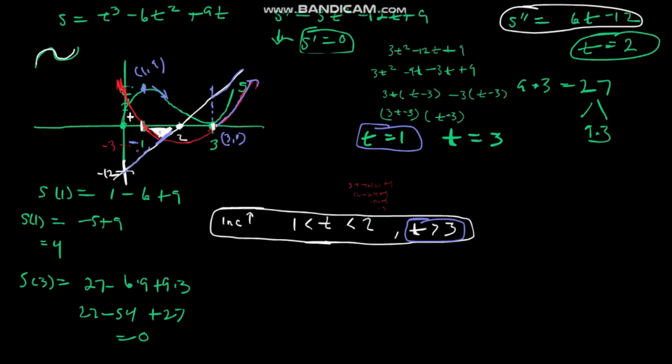Or you could say the acceleration is actually decreasing. It's becoming less negative, but still decreasing. And to that end, it should make sense that you're approaching 0 here anyway.